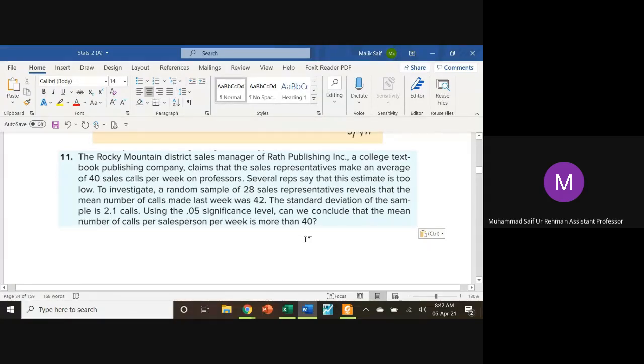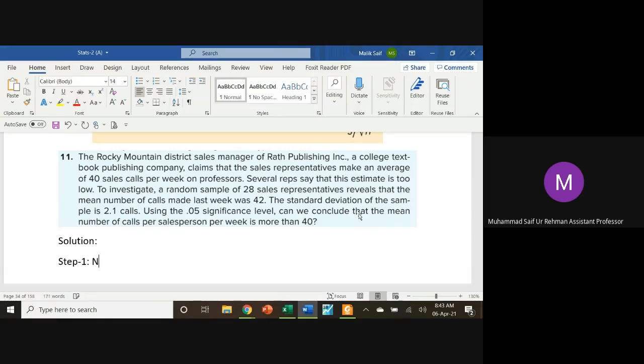Okay, so how would you start solving this question? First of all, you may write down the solution, then step one.